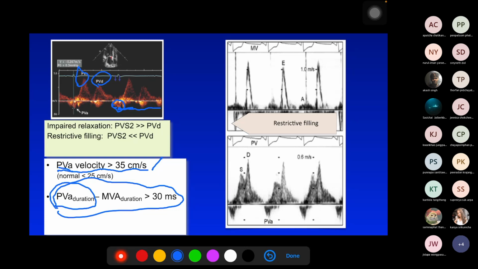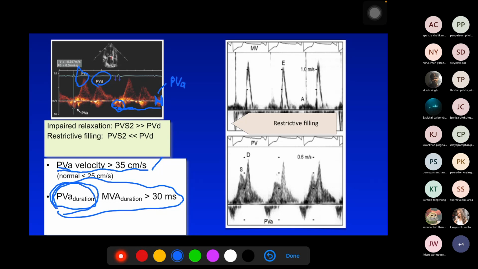It means the atrial kick into the LV is very tough, so the blood goes back to the pulmonary vein by the atrial kick, and it takes a longer time. You measure by this one. You see, this PVA duration is the time from the initial A to the end of the A wave. This is the PVA duration.